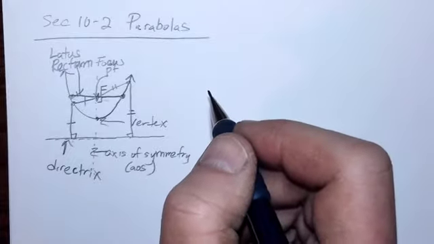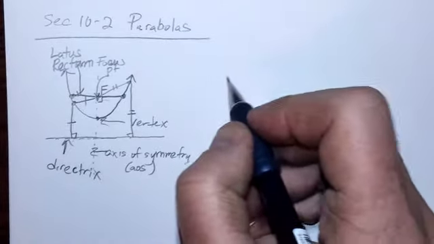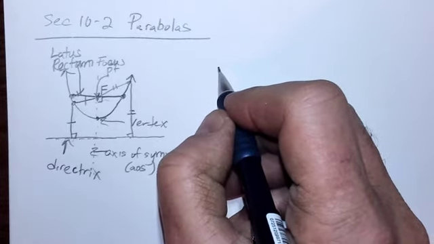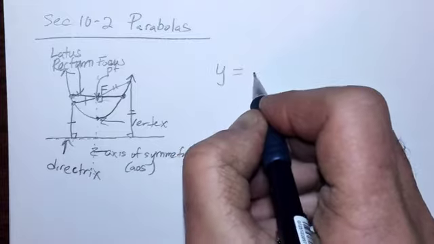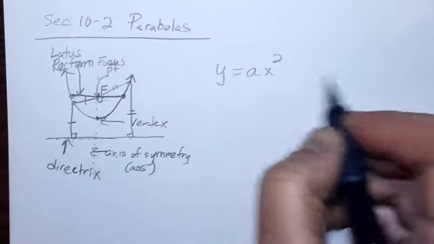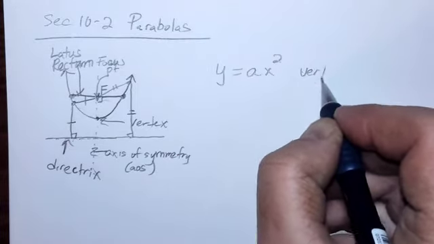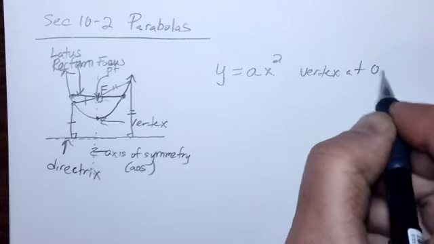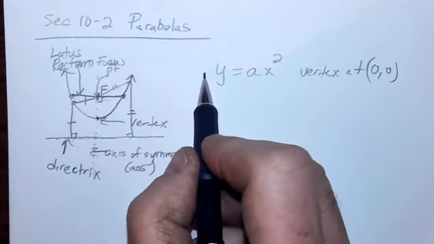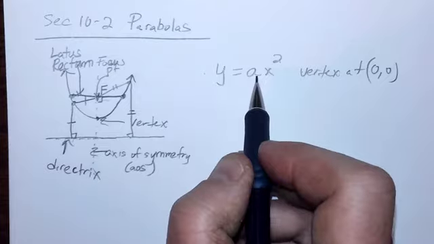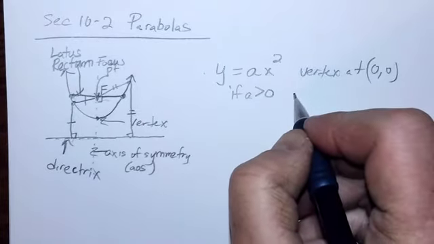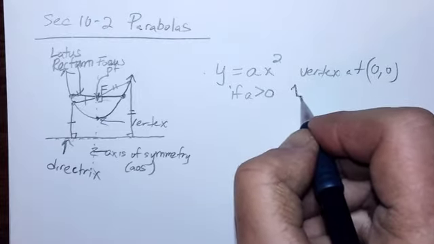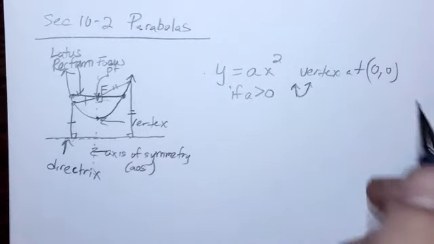So those are the parts of the parabola, and as we go along we'll be finding those and sketching graphs of them. We're going to look at two different kinds. The first kind is one that opens up or down. The general equation of a parabola with a vertex at (0, 0) is y equals ax squared. If a is greater than 0, the parabola opens up like that.